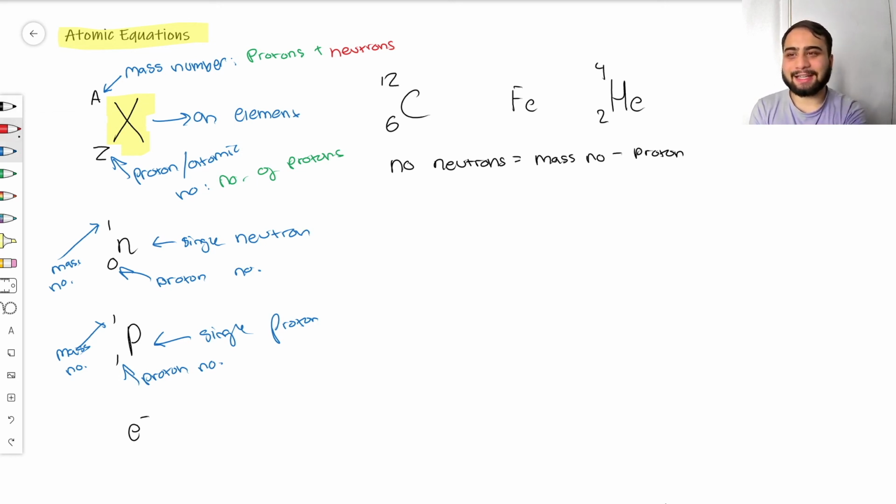Then we finally have the electron symbol. This is kind of special because electrons are so light that we actually don't really bother with their mass number at all, because it's something like 1/64,000. It's not a number that you need to worry about, but we can say that its mass is negligible, so we don't really talk about it. And again, its proton number would be 0 because we're only talking about a single electron.